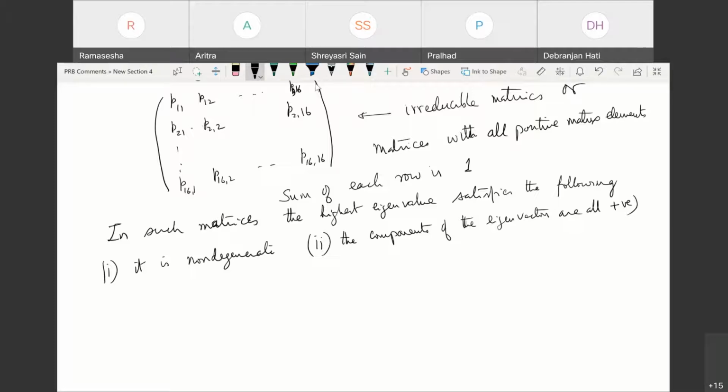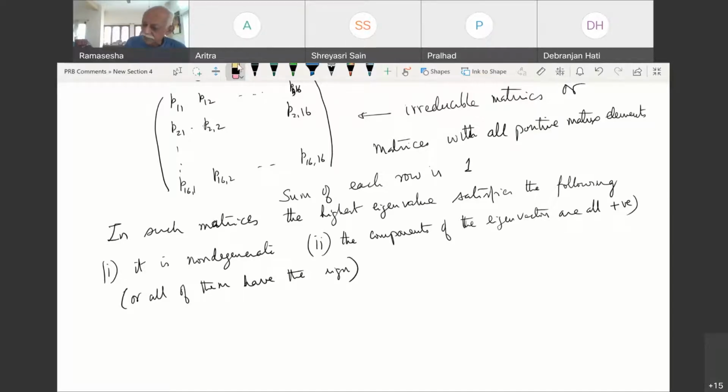Because if x is an eigenvector, minus x is also an eigenvector, so that's why I have to be careful. So all the components of the eigenvector are of the same sign.